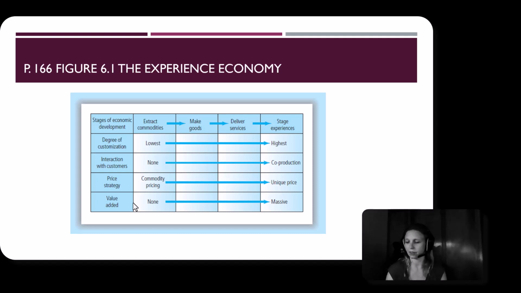So this is the continuum that I like to show because it gives you a sense of typically what we're talking about is not all the way to the right or all the way to the left. Most of our goods are going to be somewhere in the middle. There's going to be some aspect of goods and then some aspect of services.